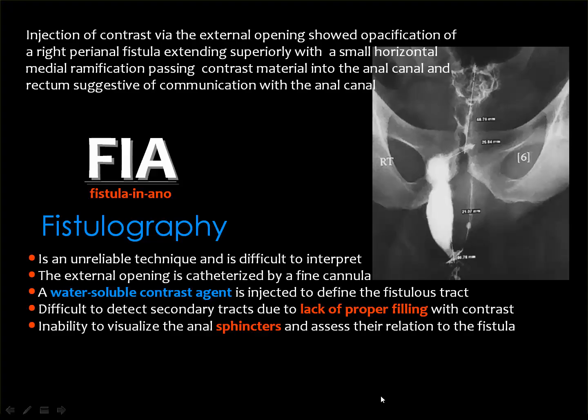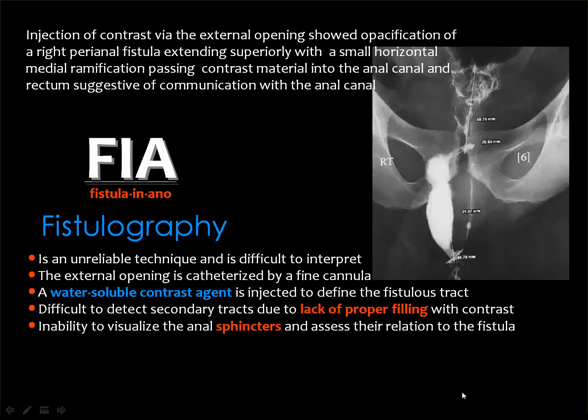Then one of the old techniques for evaluation of the anal fistula is to inject contrast material through the external opening, and you have films to identify the fistulous tract, its connection to the anal canal or rectum, if there are abscesses, if there are side branches.